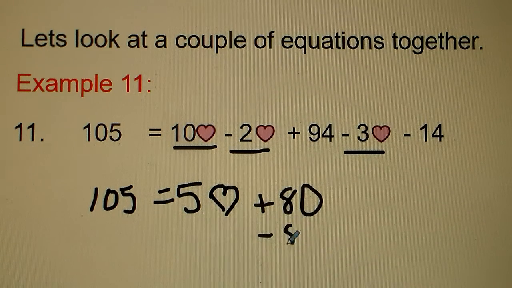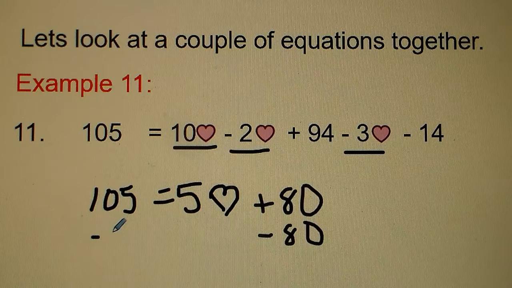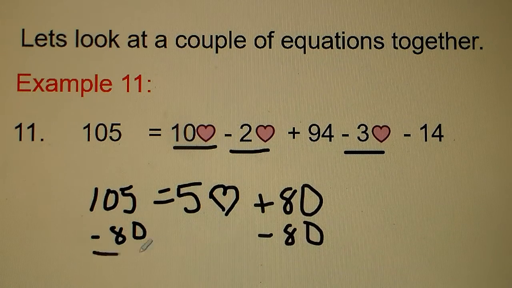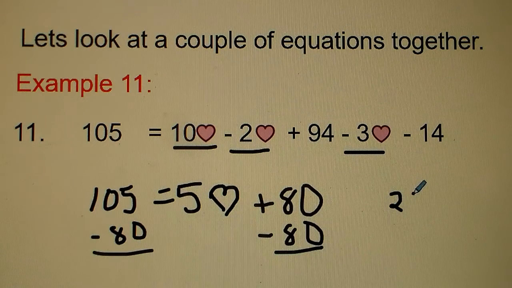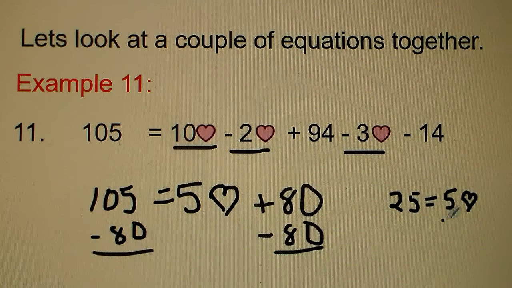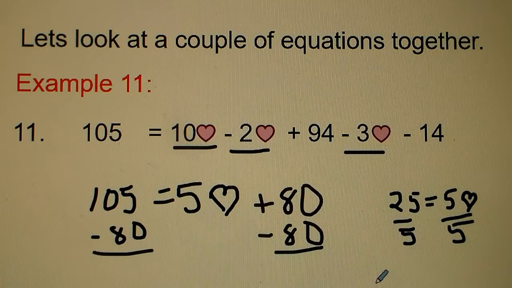Subtract 80 from both sides. We're going to get 25 is equal to 5 hearts. Divide both sides by 5. We're going to get 5 is equal to heart, or hearts are equal to 5.